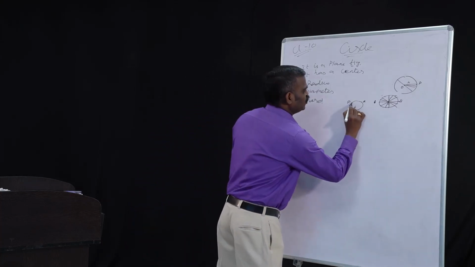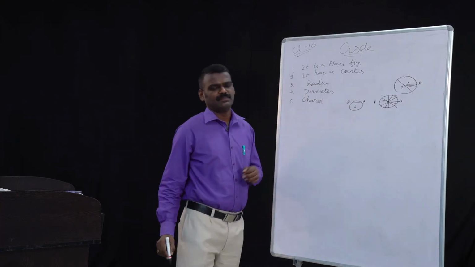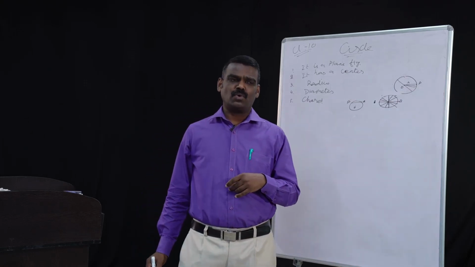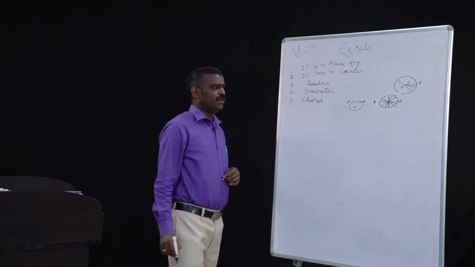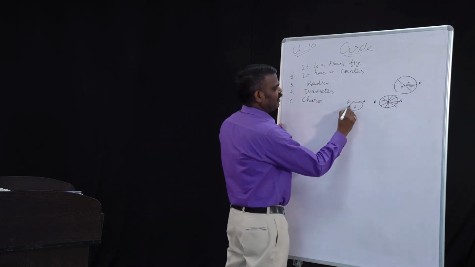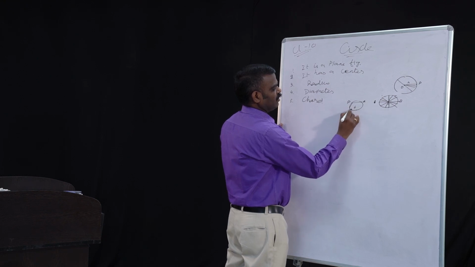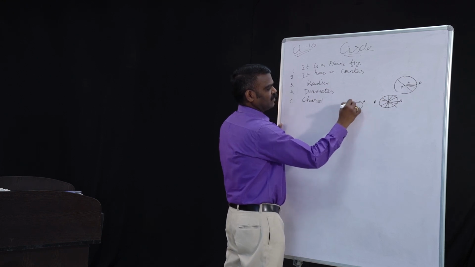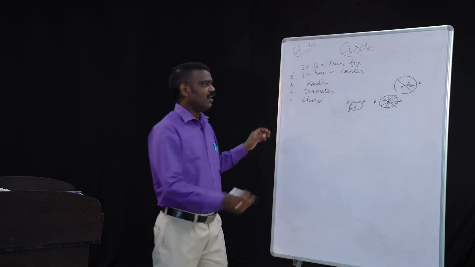The line segment joining the 2 points is called a chord. Am I right? How many chords can be drawn? Again millions, right? There are millions of chords that can be drawn.